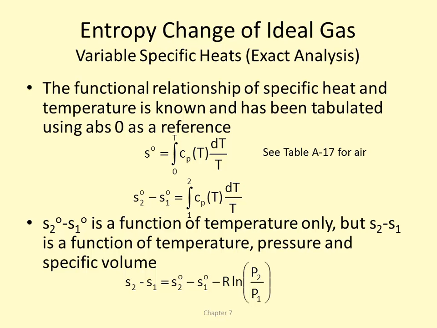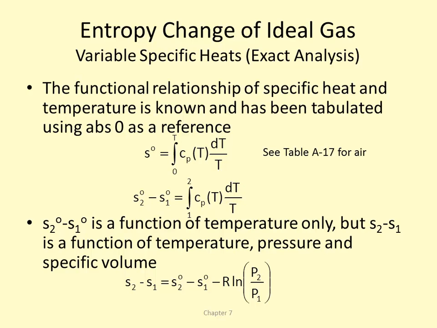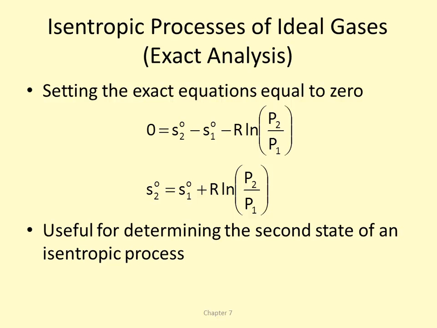Okay, so that's just the important thing to remember, that if you're told to use the most accurate method available, that would be the exact analysis, not the approximate analysis. And then similarly, if our process is isentropic, then this S2 minus S1 goes to 0, and we can solve for the second state of an isentropic process using this method.